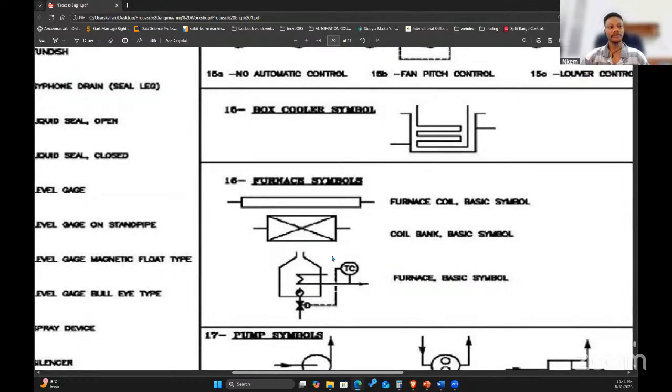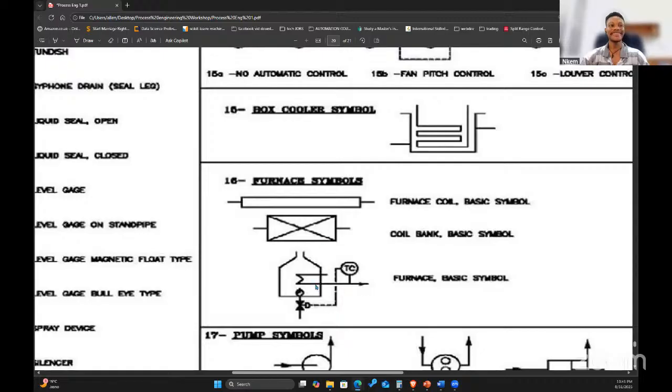Usually in the furnace you use waste gases in the plant, and these waste gases will heat this up. Sometimes it could be pure gas supply, and then they'll heat up this furnace. In the furnace, you have refractories inside that keep heat from escaping to the external environment.